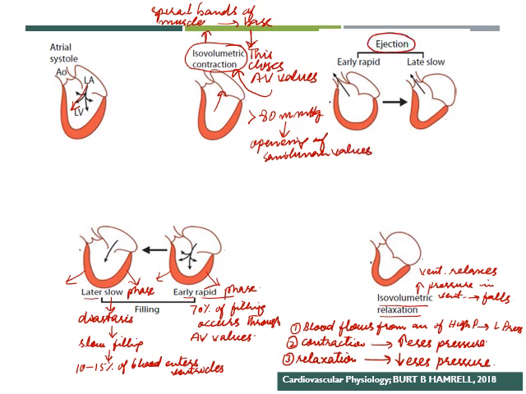Ejection phase occurs in two steps: rapid ejection and slow ejection. Rapid ejection is basically shorter phase, while the slow ejection is longer phase. And during ejection, the blood is pumped out of the ventricles into the systemic arteries and also into the pulmonary arteries.